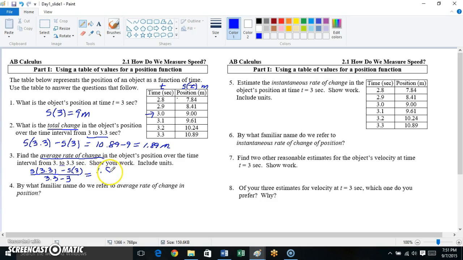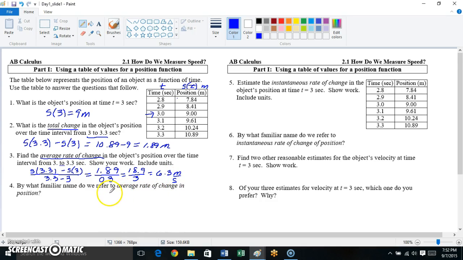So we're going to get our 1.89 meters in 0.3 seconds. Doing a little mental math on that, that's the same as 18.9 divided by 3, moving the decimal place 1 unit. Right, or 6.3 meters per second.